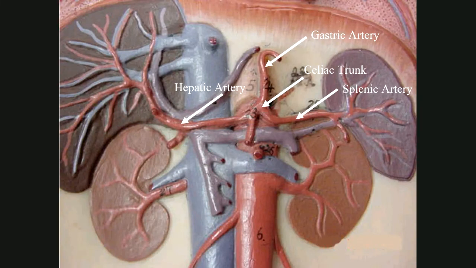So there's the trunk, there's the gastric, there's the hepatic, and there's the splenic, all off of this trunk. Now, if you notice, these divide again. Like you can see this division and this division, so on. We're not going to name those or worry about those.